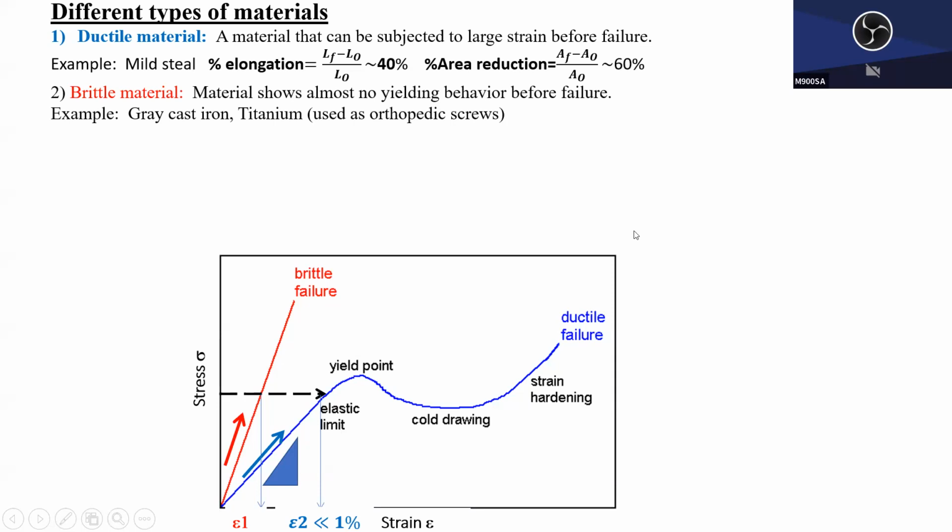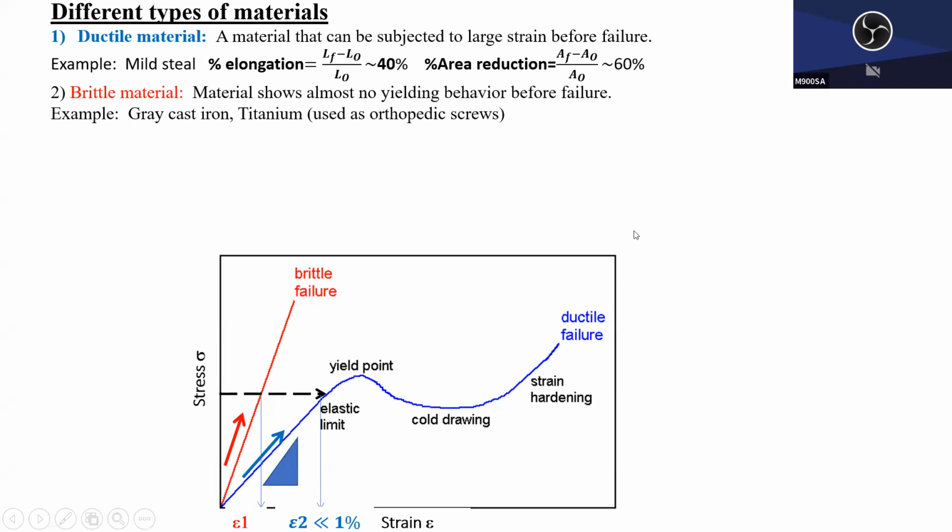The idea is that titanium is stiffer than stainless steel, correct? But the problem is when we create the screw using titanium and put it into a bone, the screw sits there 10 years, 20 years, deforming a little bit every day, then it snaps, okay?